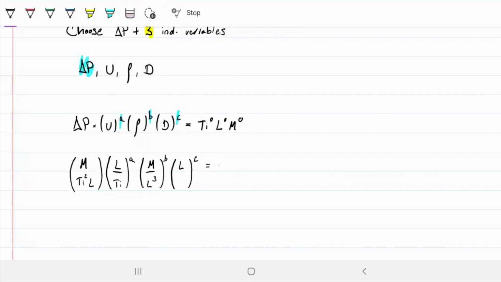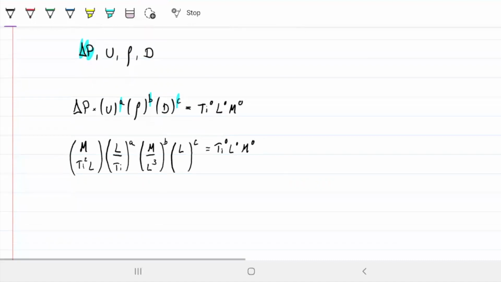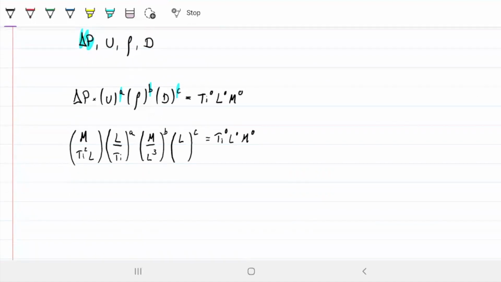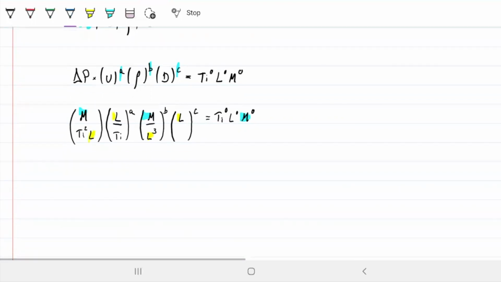And this has to be equal to time to the 0, length to the 0, and mass to the 0. For this equation to be satisfied, all the coefficients on M have to be equal, all the coefficients for L have to be equal, and all the coefficients for time have to be equal. I'm going to solve for one at a time, starting with time because we only have 2 terms for time.